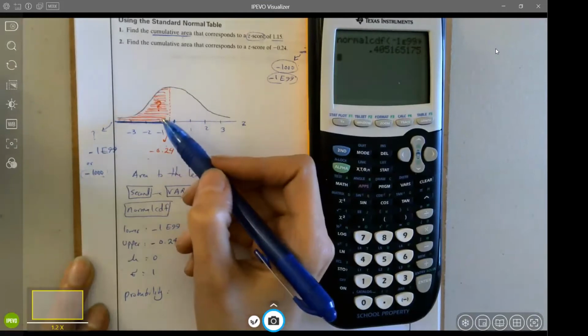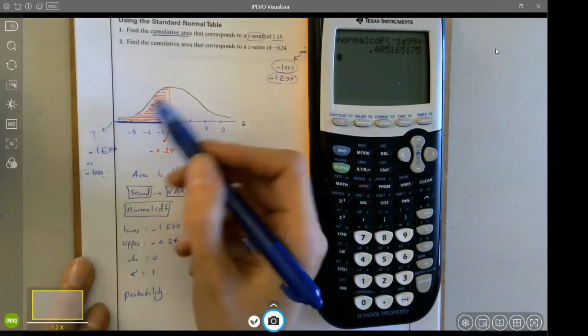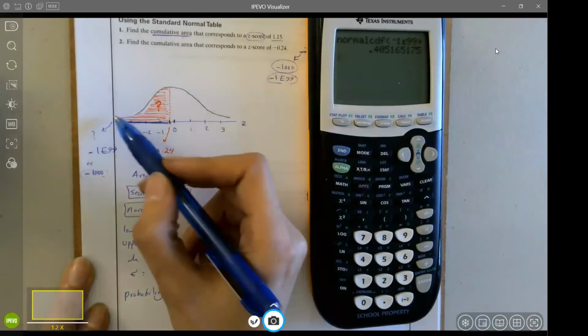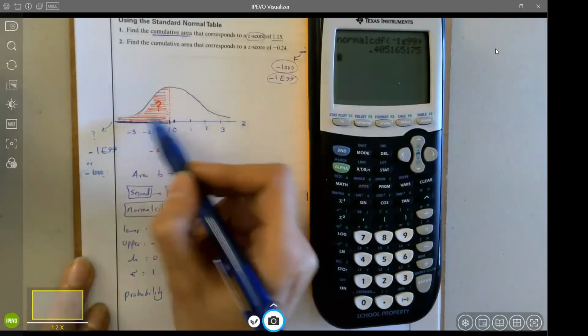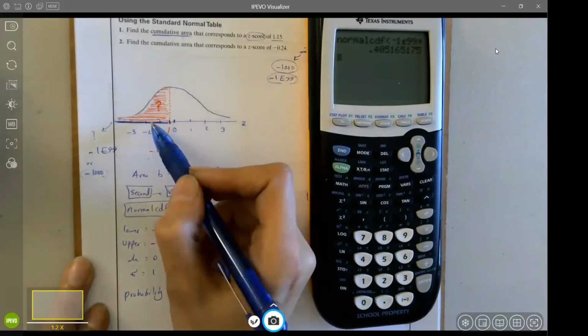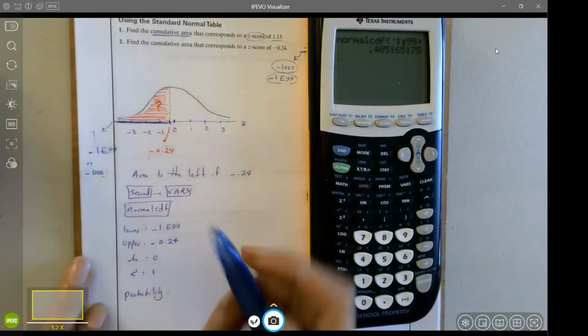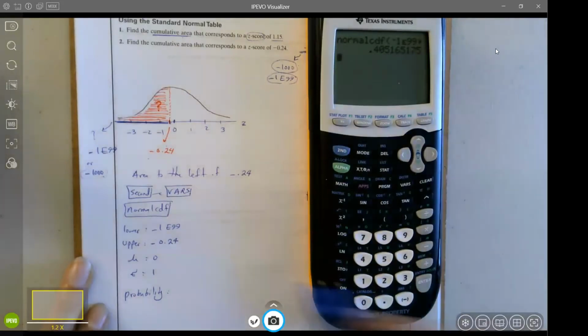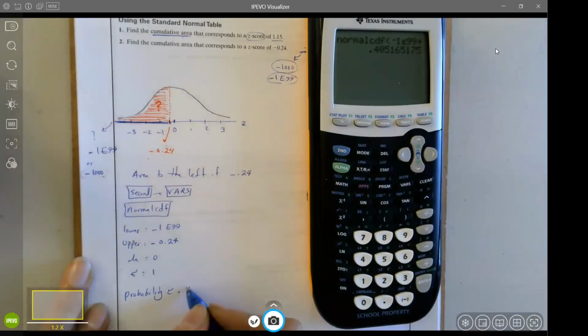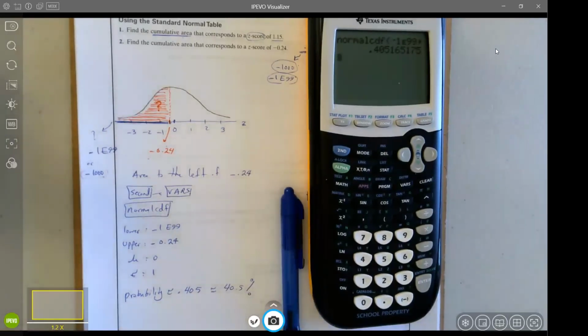Before doing any calculation, we looked at it at the beginning and said the total area is 100% and this is less than half, so less than 50%. And as we calculated, this probability is 0.405 or 40.5%.